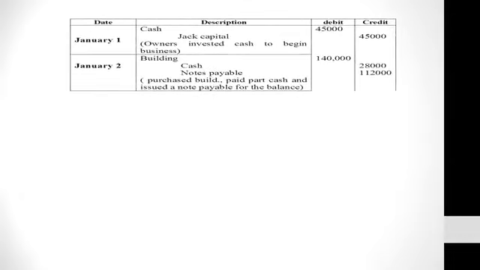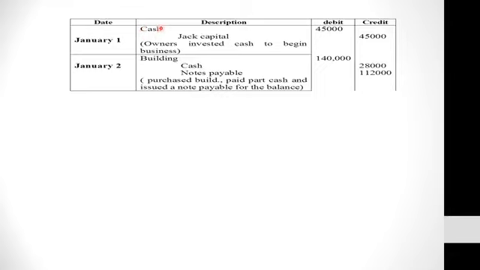To illustrate how we do posting to ledger, we have these two entries from the previous example, January 1 and January 2, and we are going to see how we can post these entries to the ledger. We start by counting how many accounts we have here.